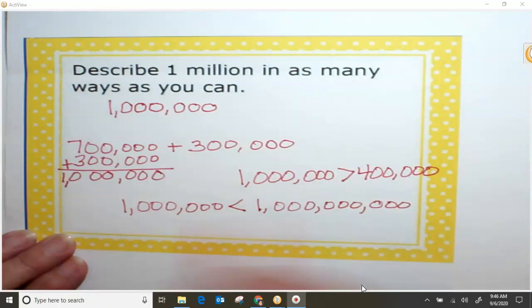And if I look at the two numbers, I see that this one is shorter because it only has 7 digits, and my billion has 10 digits. So I know that if I were to compare those, 1 million would be less than 1 billion. So those are just a couple of ways. You probably came up with more than that, but we're going to go ahead and move on to the launch of our lesson.